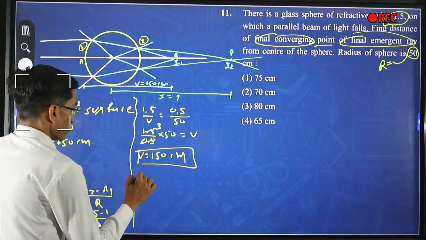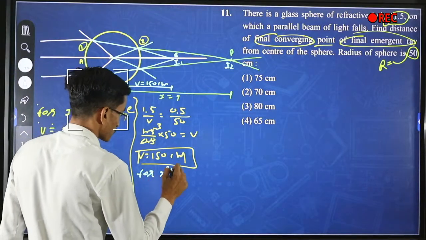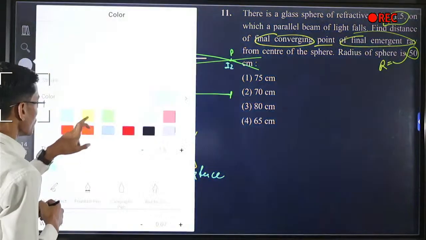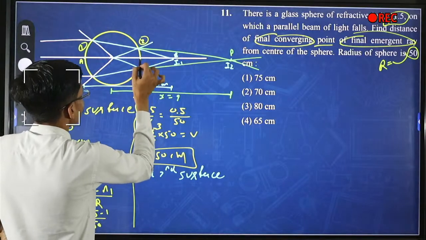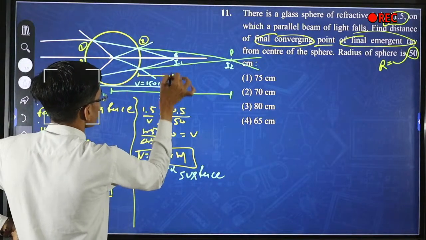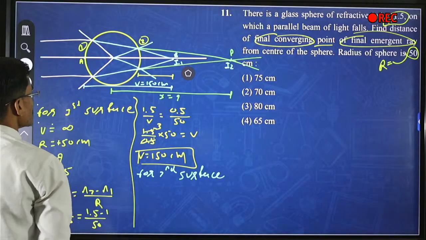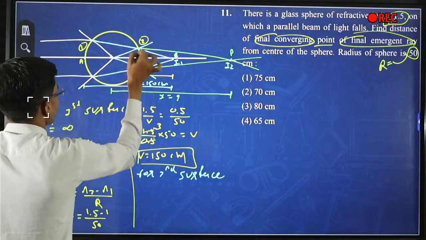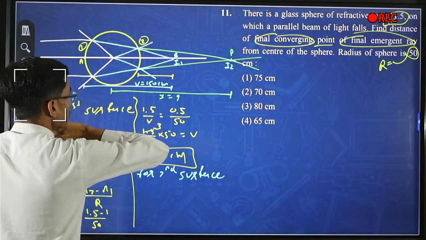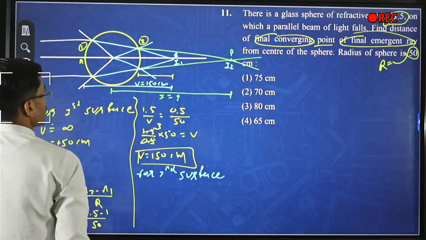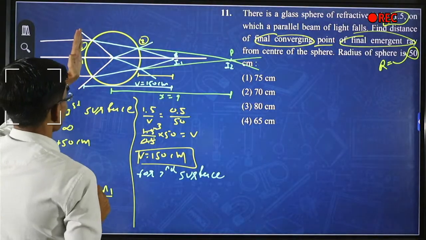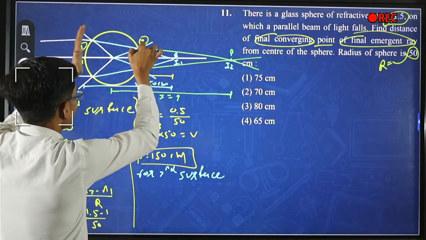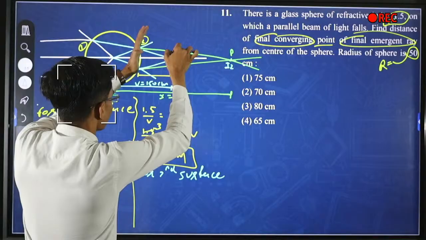So now for the second surface, we have to calculate this distance. The radius of curvature is 50, so the diameter of this sphere will be 100 centimeter, and the distance of point B from A is 150, and this distance is 100. Then this distance should be 50 centimeter.